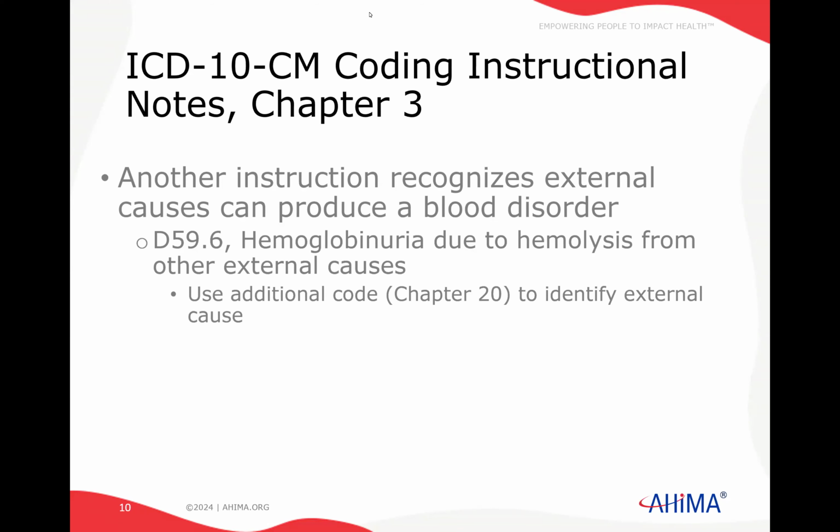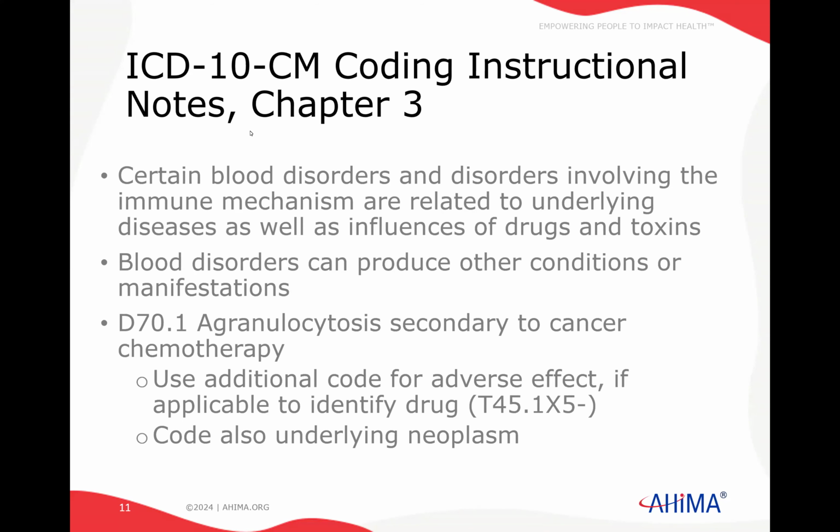And again, more on these instructions. There are a lot of additional codes, things that will tell you that something outside is causing this blood disorder. We want to make sure that we capture that. Typically, these are found in chapter 20. And certain blood disorders and disorders involving the immune system are related to underlying diseases, drugs, toxins, all these different types of things.